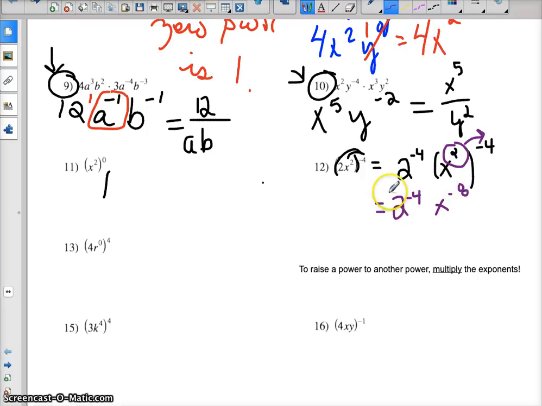So now we have an expression where each base is raised to a negative exponent. I would like you to pause the screencast and try rewriting number 12 so that both bases are raised to a positive exponent.